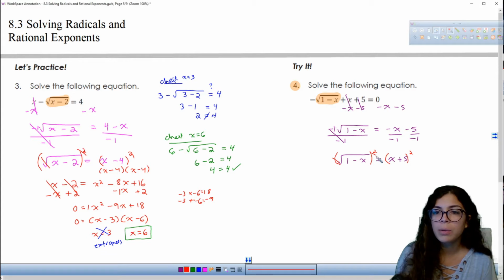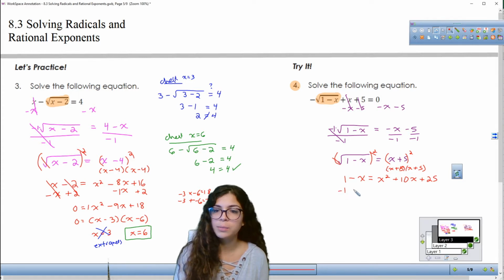And the square root and the square will cancel, so on the left-hand side, I have 1 minus x. On the right-hand side, x plus 5, 2 copies multiplied together. So x plus 5 times x plus 5 would give us x times x, which is x squared. 5x plus 5x is 10x, and 5 times 5 is 25. Okay. Moving right along from there, let's go ahead and bring everything to the right-hand side.